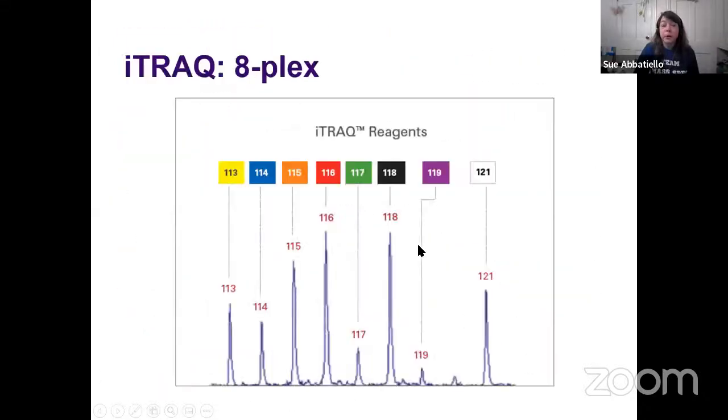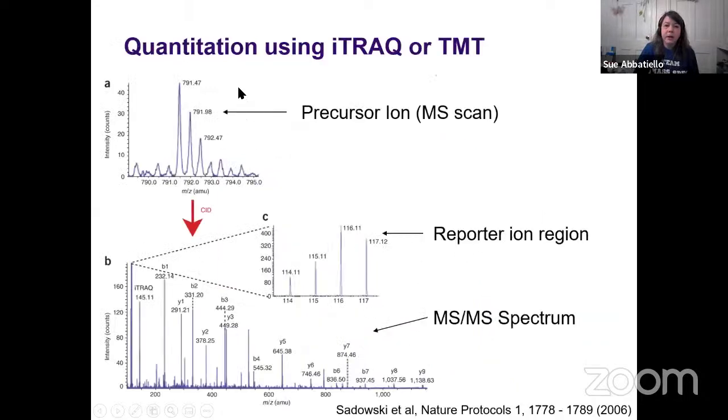So the purpose there is, here, this is an example of the MS scan for the precursor ion. This is not just one peptide. This is the same peptide sequence from 4 different samples that were combined with that chemical labeling reagent. And in order for us to figure out what this peptide is, it needs to be isolated and fragmented.